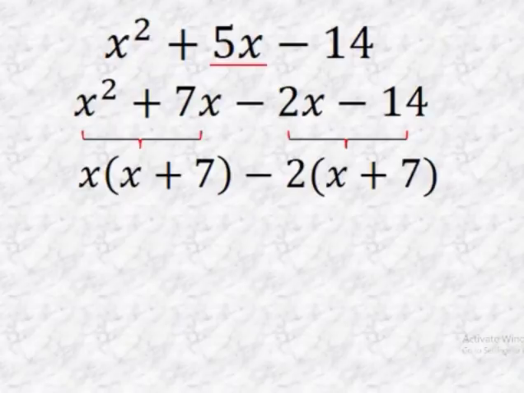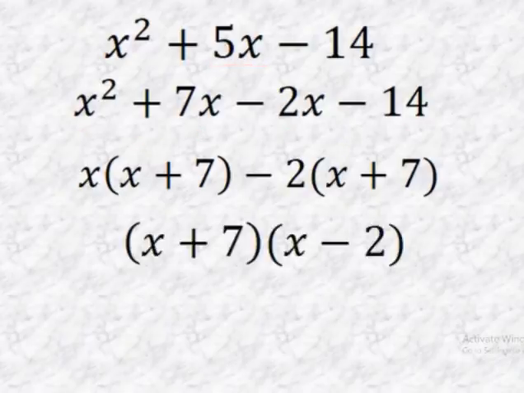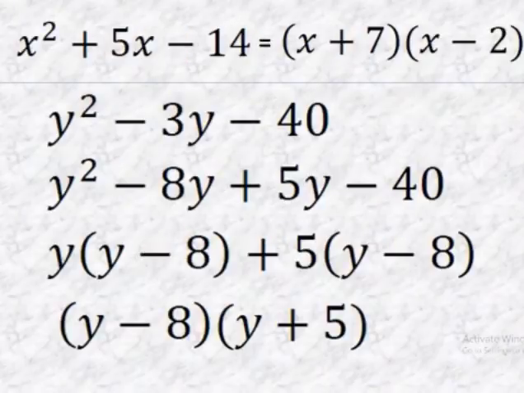This x, if taken out, we are left with x plus 7. Similarly, if minus 2 is taken out, we are left with x plus 7. Now x plus 7 is common in these two terms. It can be taken out, and we are left with x minus 2. So in these two steps, this x squared plus 5x minus 14 has been successfully factorized.